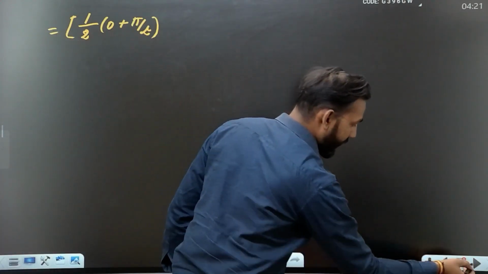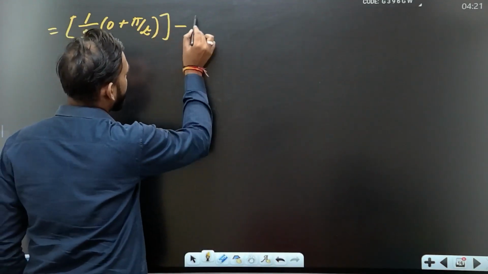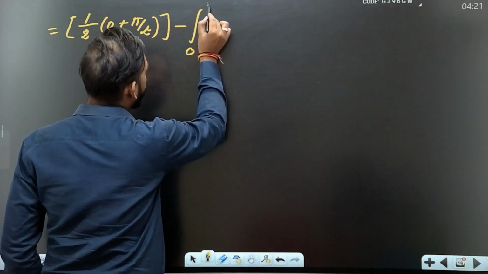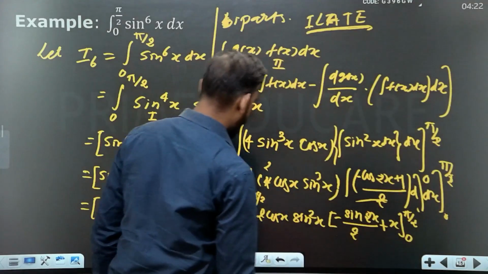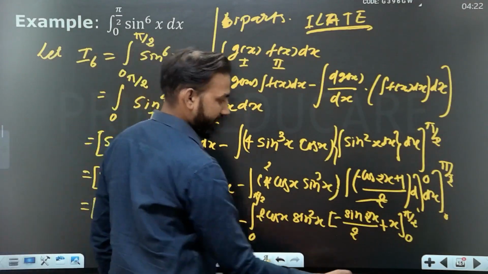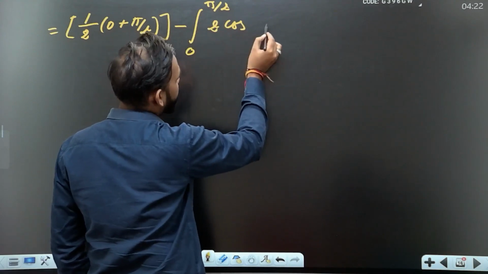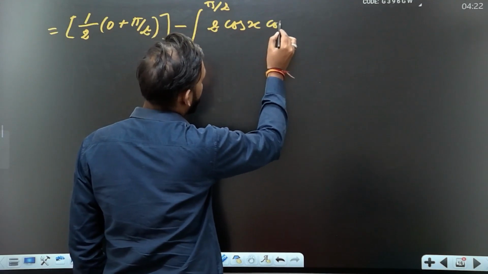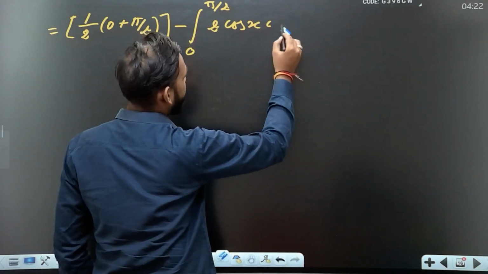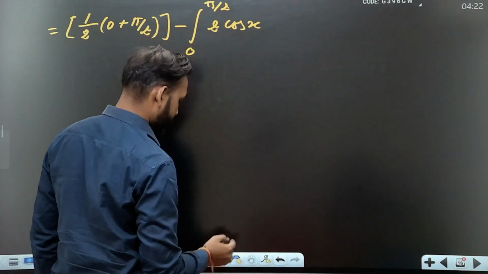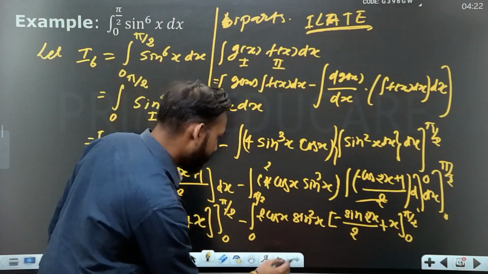Okay, and in another integral it is clear, minus we have integration 0 to pi by 2, again there 2 cos sine square x, sorry, not cos square x, this is the sine square x, sine square or sine cube, this is the sine cube, not sine square.